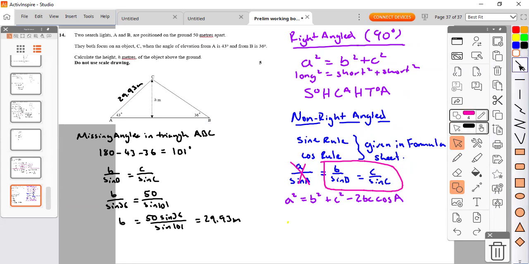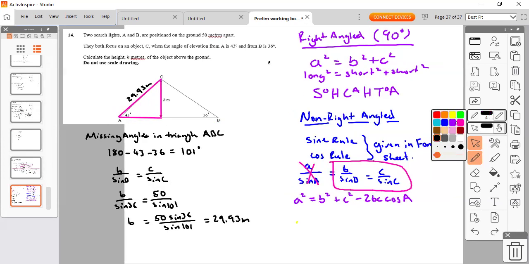This right angle triangle is going to involve H, which is what we're trying to find out. Okay, that's a right angle triangle there.